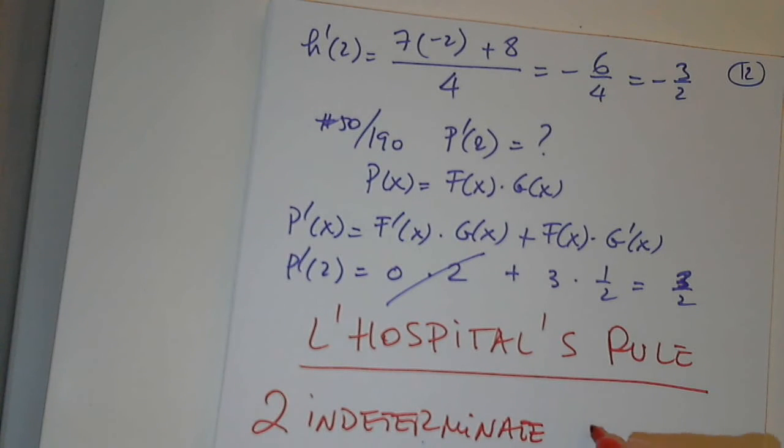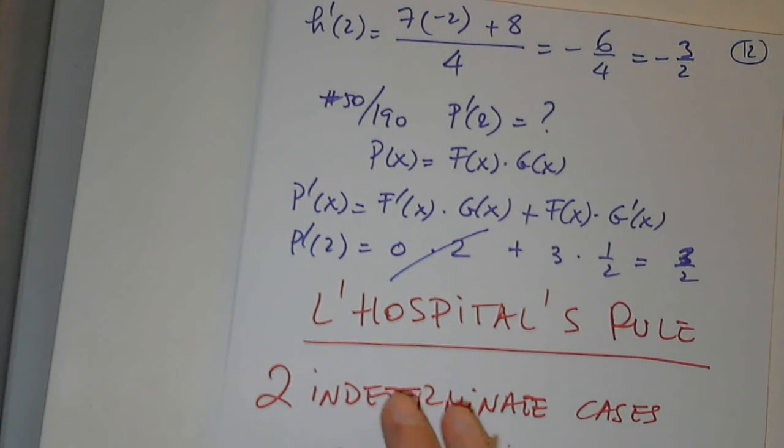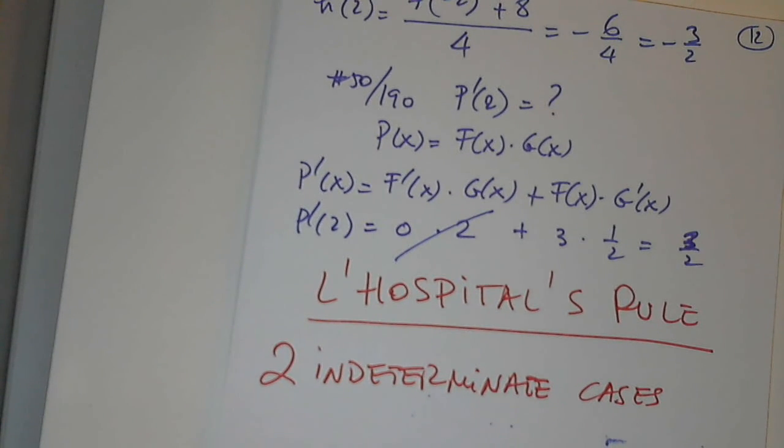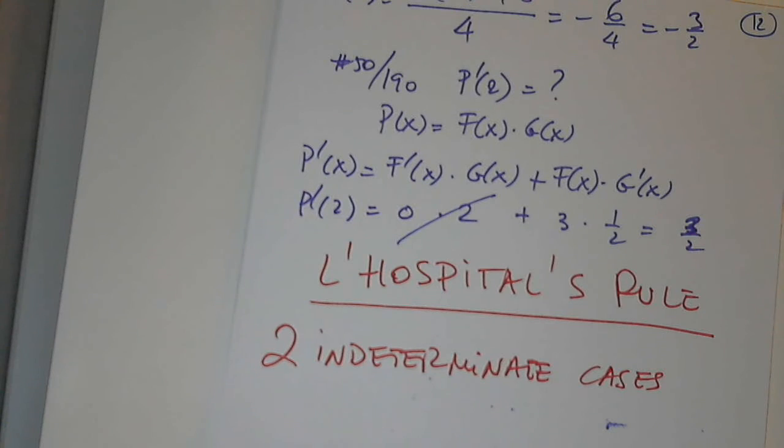How many indeterminate cases do we know exist? 7. How many did we look at so far? We saw so far 0 over 0, infinity over infinity, and infinity minus infinity. But L'Hopital's rule is applicable only in 2 indeterminate cases.